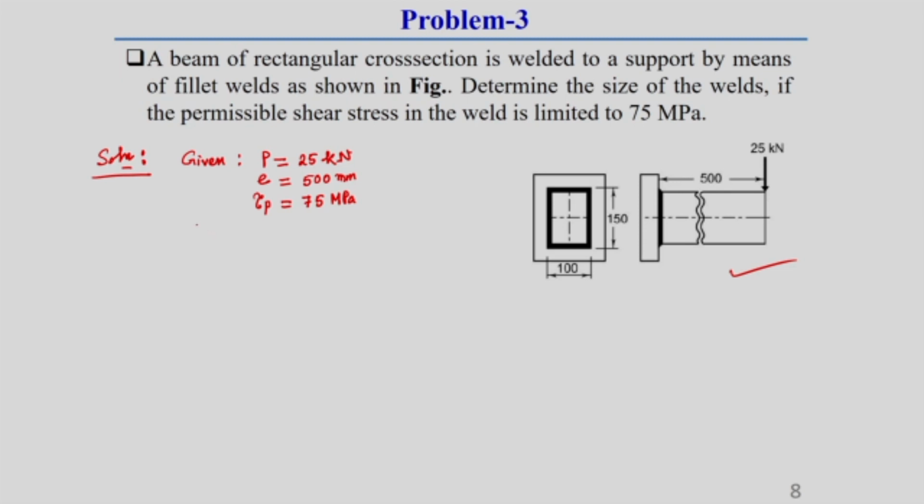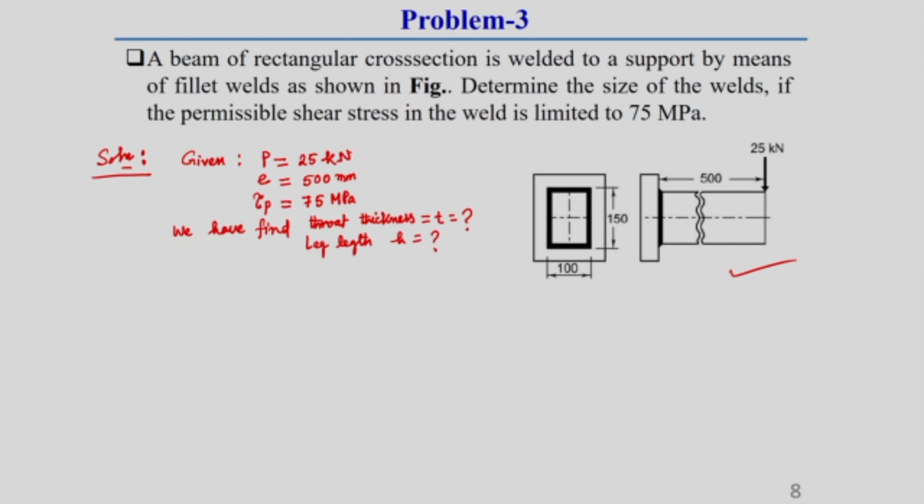Now, what we have to find out? We have to find out the dimension of this weld, means we have to find the throat thickness. So, let us consider the throat thickness equal to T. So, this we have to find out. Also, we have to find out what is the leg length.